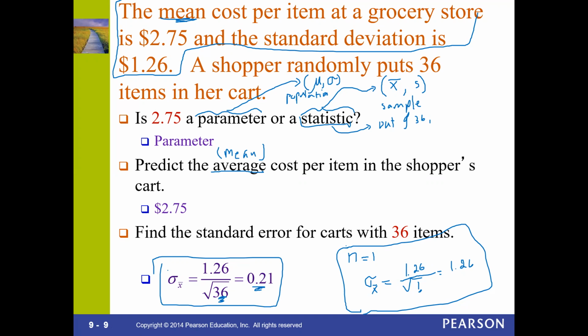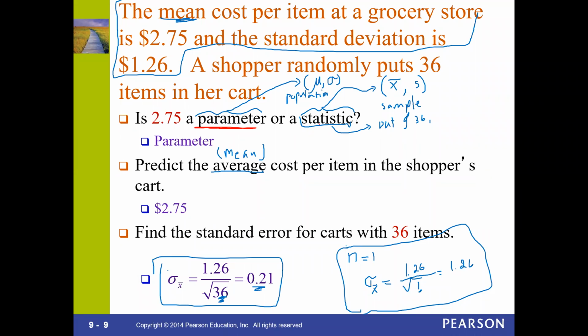Okay, so parameter, again, parameters are for population. The elements that describe parameters are the mean, mu, and the standard deviation, sigma.